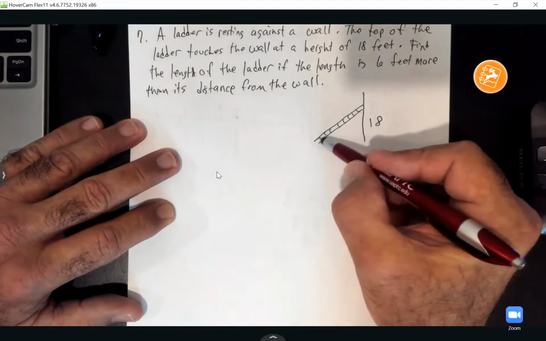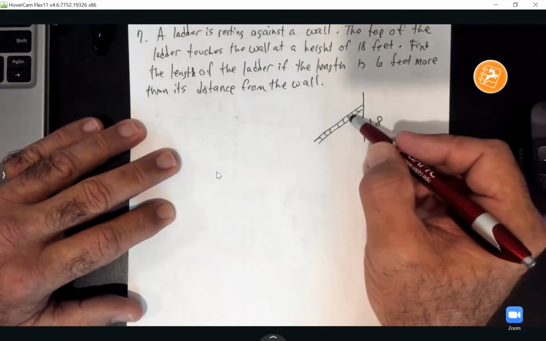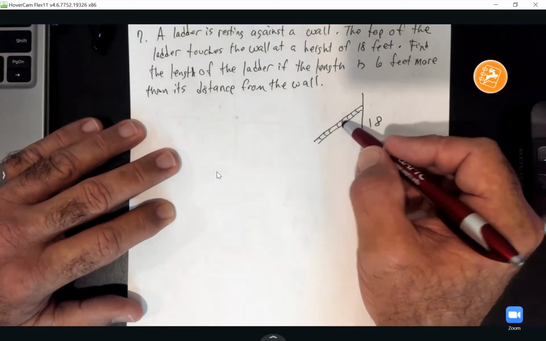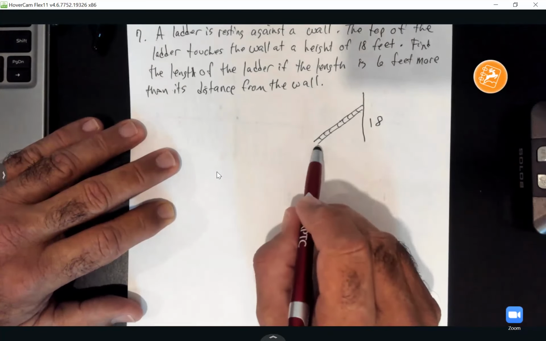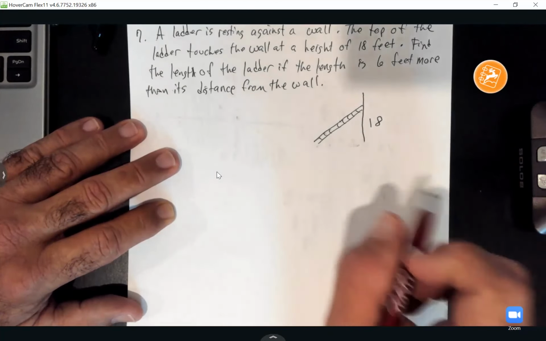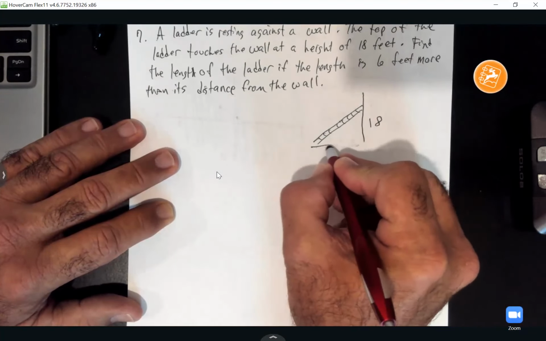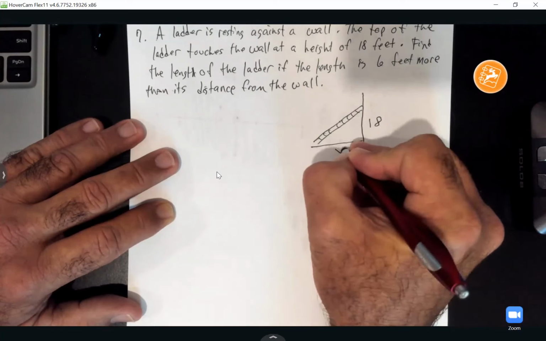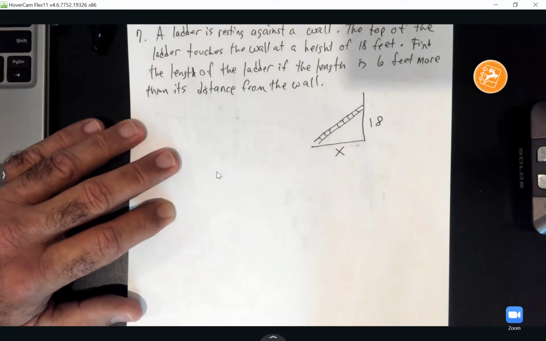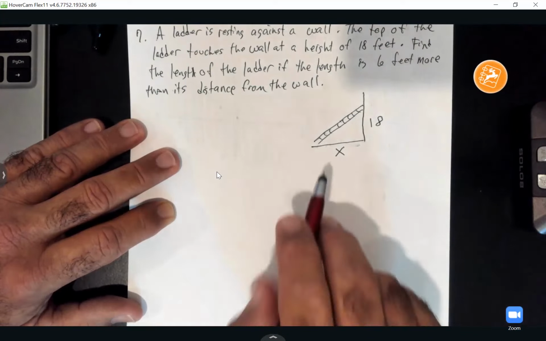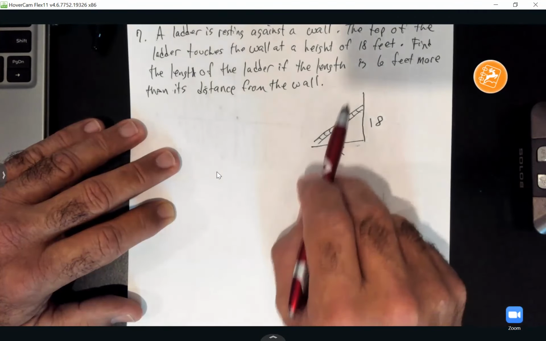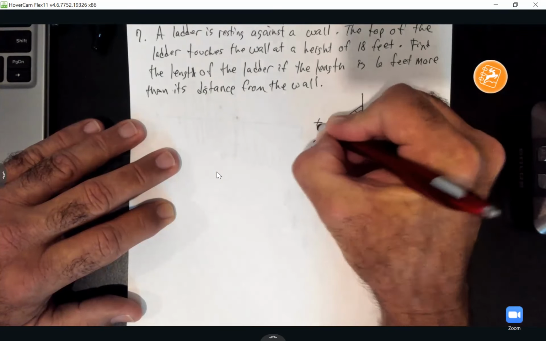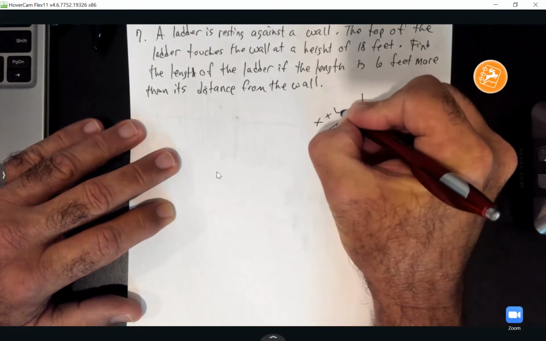Now they want me to find the length of this ladder if its length is 6 feet more than its distance from the wall. So I don't know this distance from the wall. So y'all, that's going to be our X. Now, if this ladder is 6 feet more than this distance, this will be X plus 6.